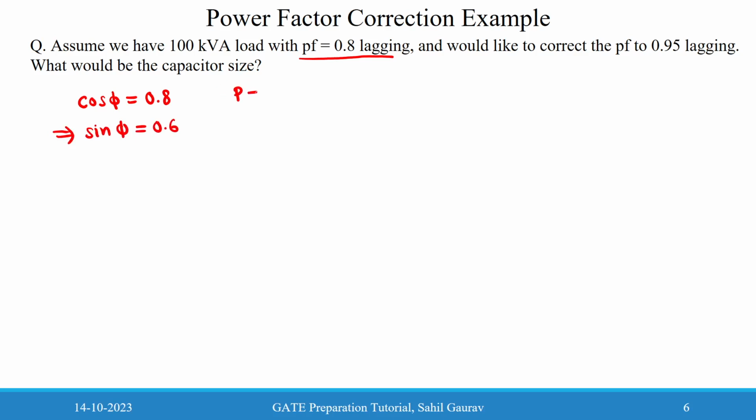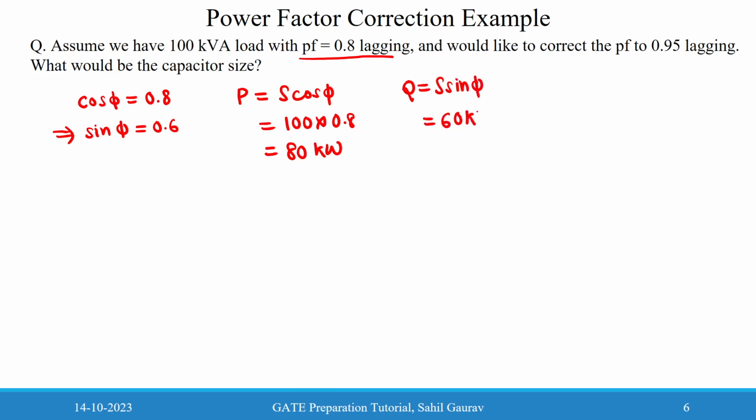And you can write the active power for the load. Active power for the load will be S into cos phi, that becomes 100 kVA into 0.8, that is 80 kilowatt, and similarly Q will be S into sin phi, that you will get 60 kVAR.